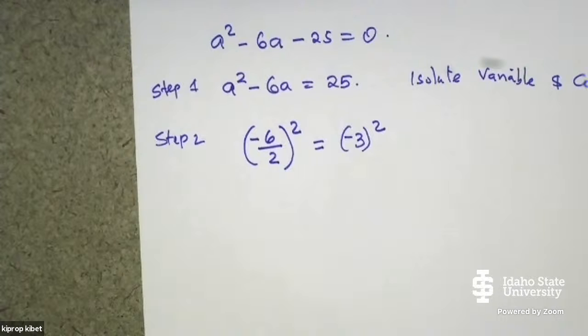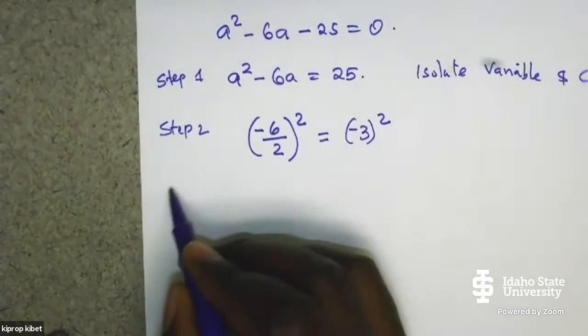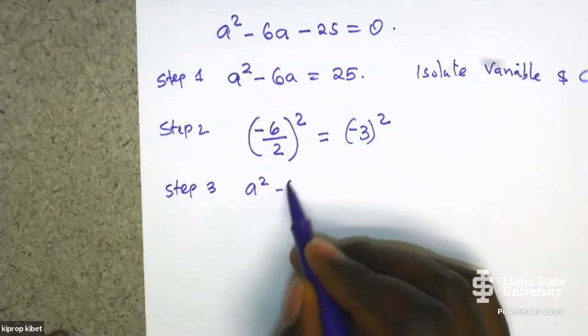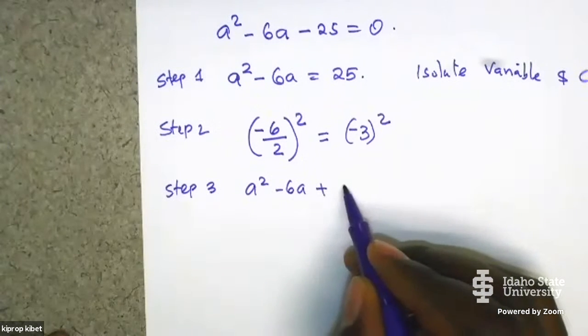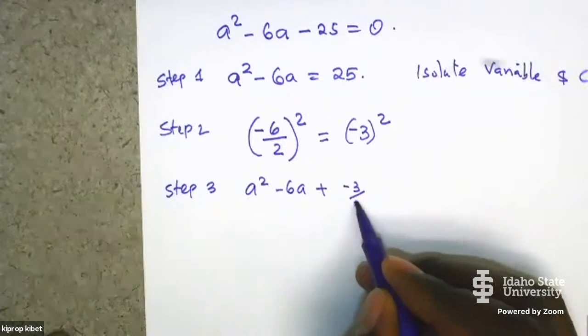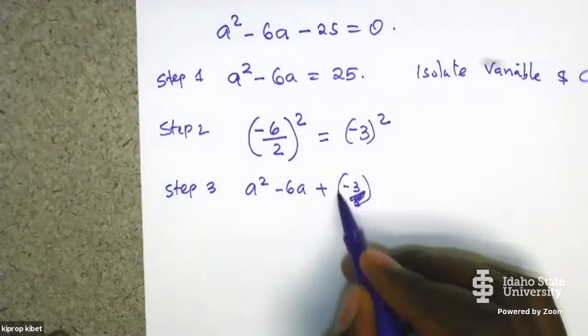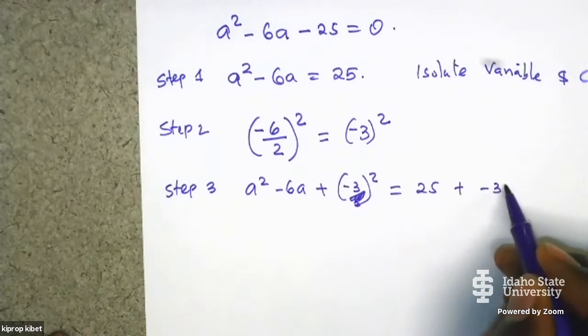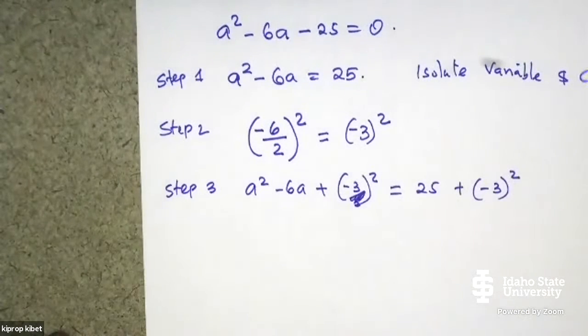And after doing that, you add it on both sides. So step number 3: a squared minus 6a plus negative 3 squared equals 25 plus negative 3 squared.